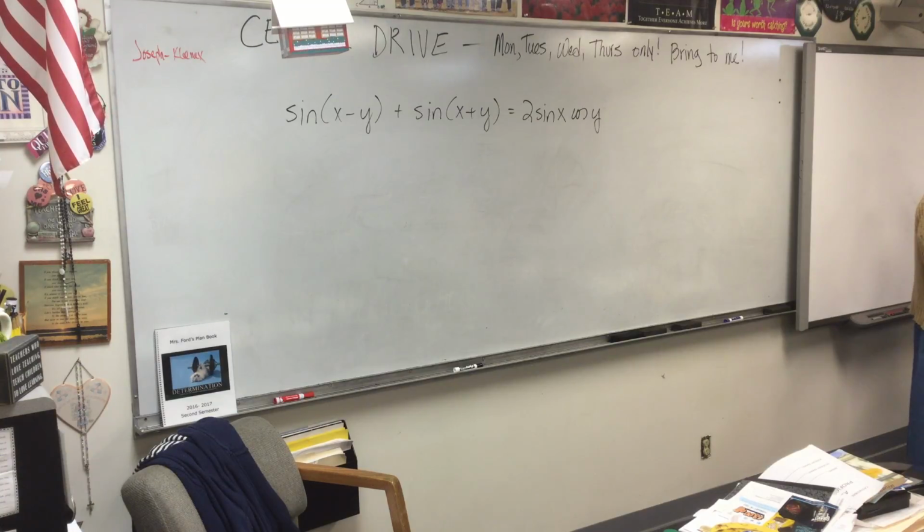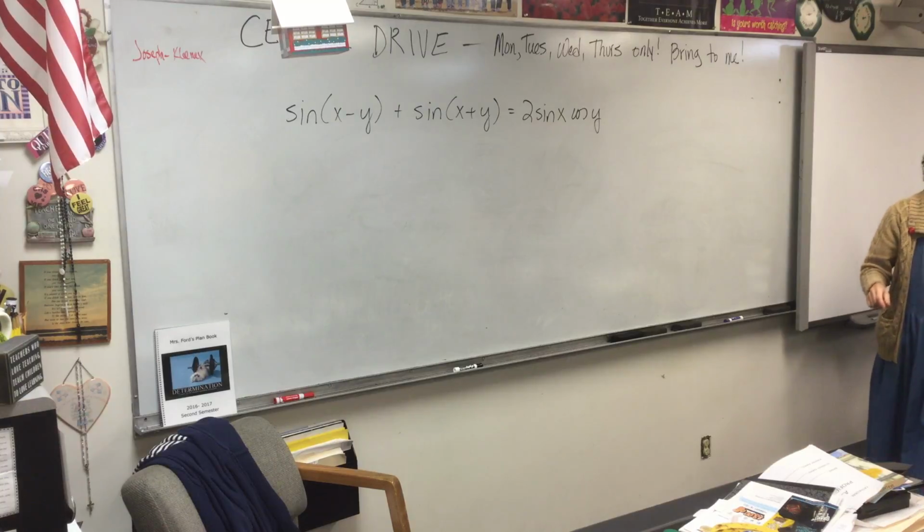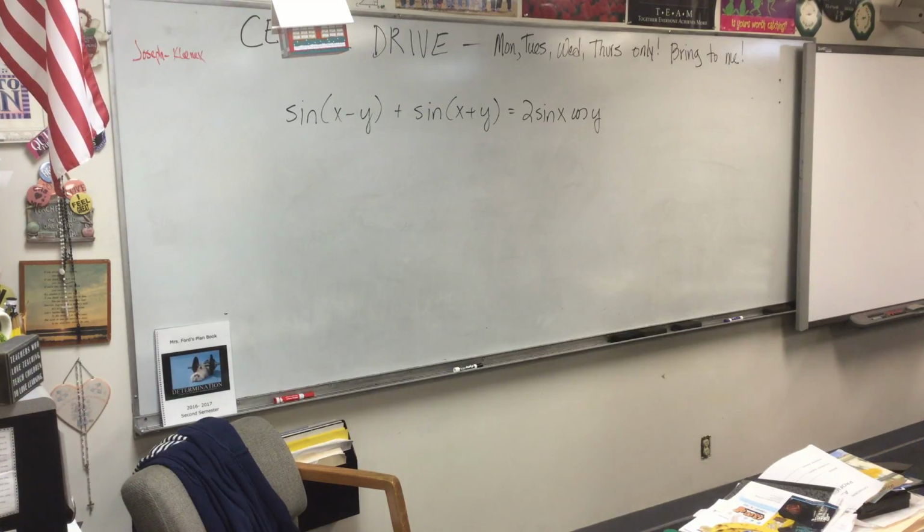Okay, now, someone said distribute. Now, I want to make this perfectly clear. I'm going to come off video so I don't embarrass myself. We do not ever, under any circumstances, distribute SIN, COS, or TAN.